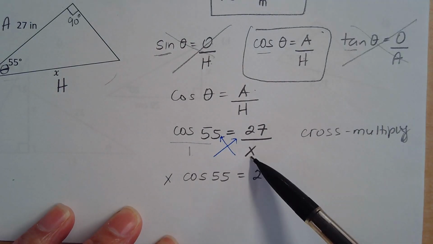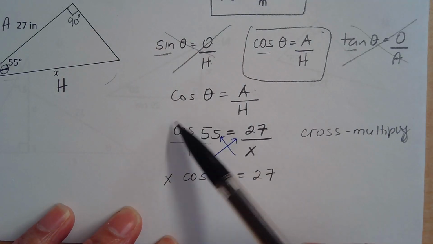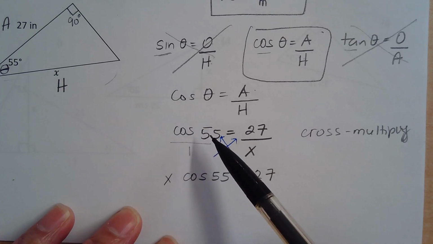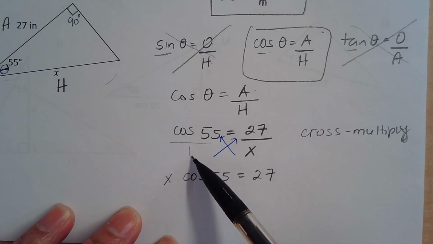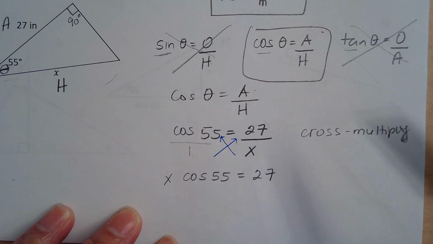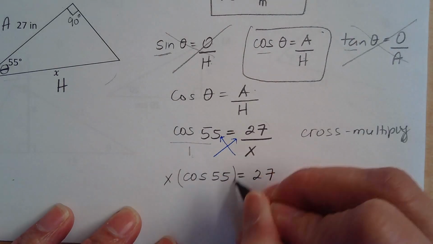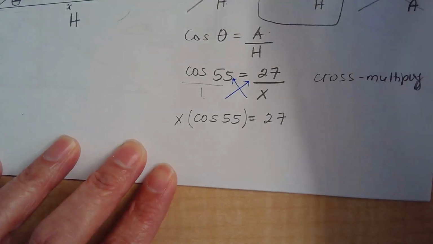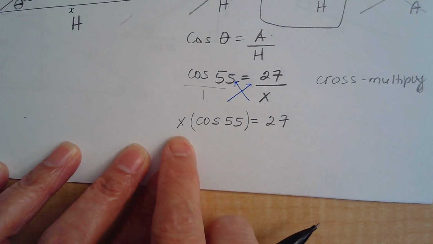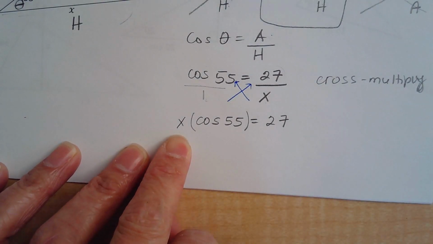So x times cos 55 equals, we put an equal sign, 1 crosses to multiply with 27. And we get to this part. I'm going to put the brackets there. Well, the x is not isolated. The x is not by itself yet.